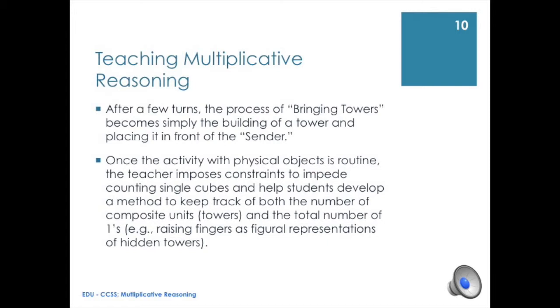But the goal is to start to get them operating on the fact that they created towers of 4. So if I had 4 in the first one, then so far I have 4 cubes with the first tower. In the second tower, how many do I have?